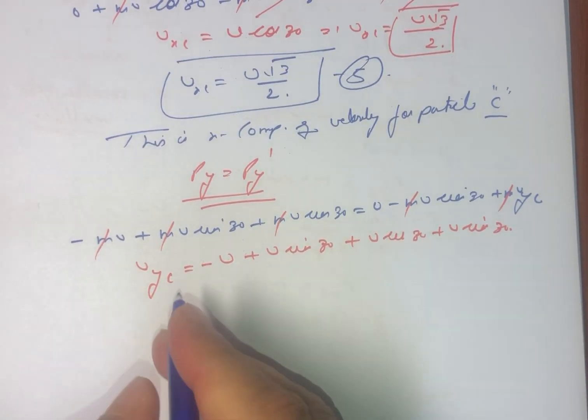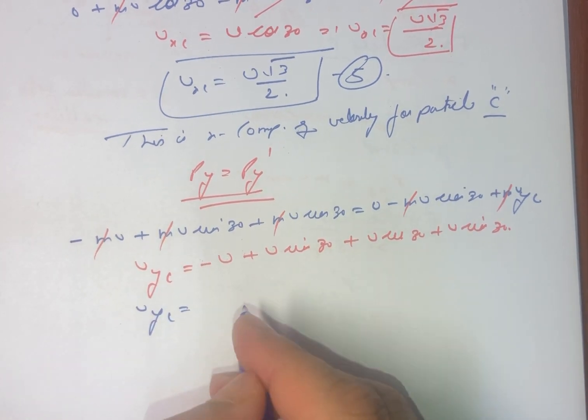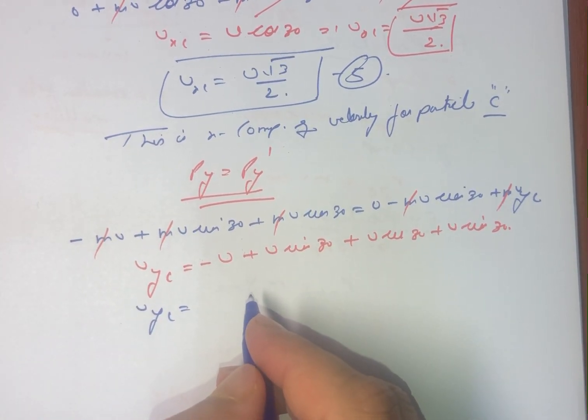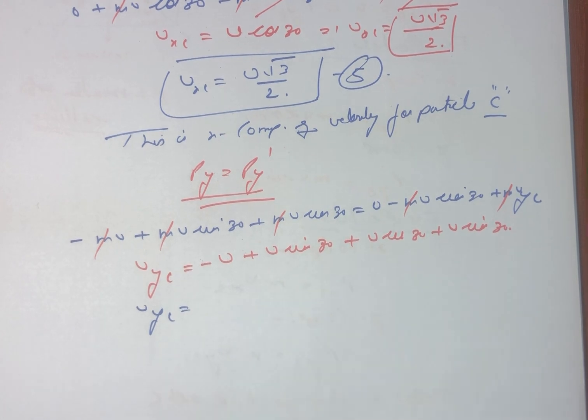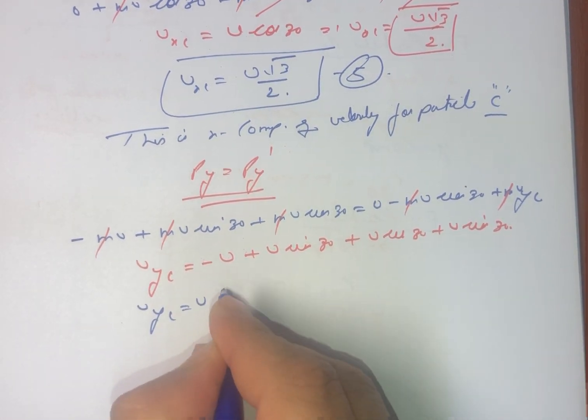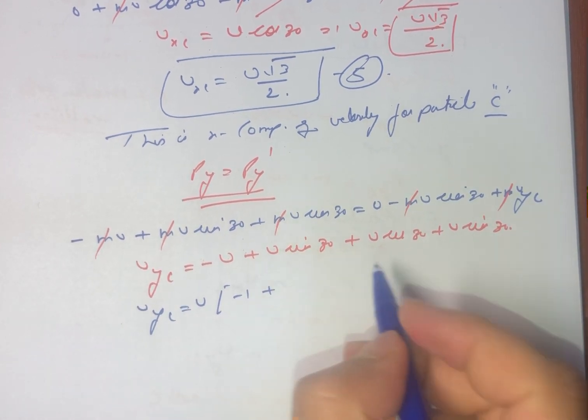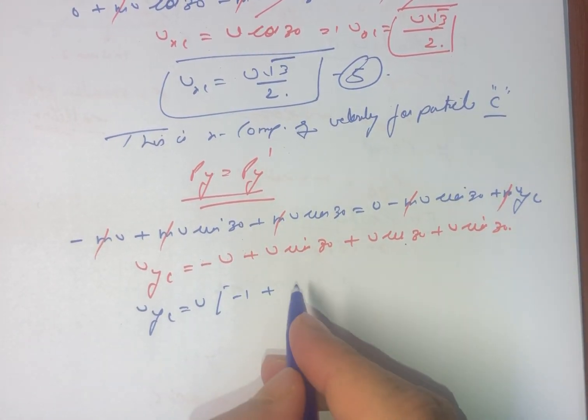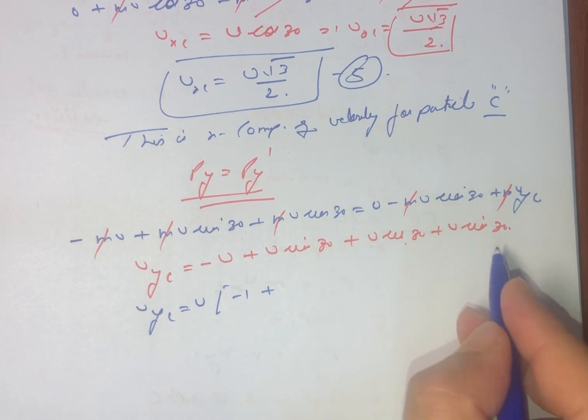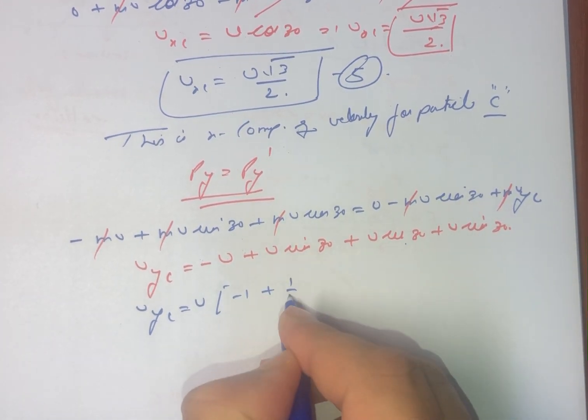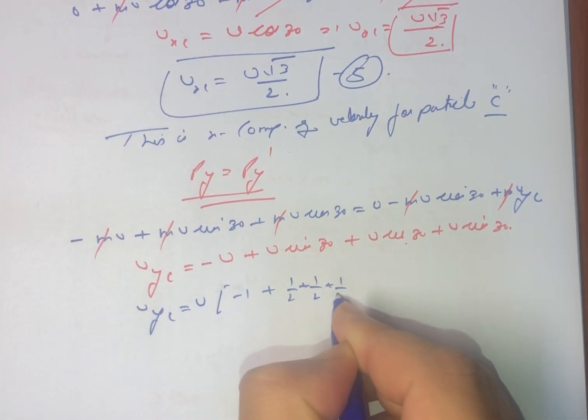Taking v as common, we get vyc is equal to v times minus 1 plus 1 by 2 plus 1 by 2 plus 1 by 2.